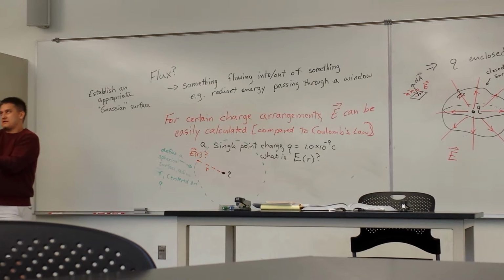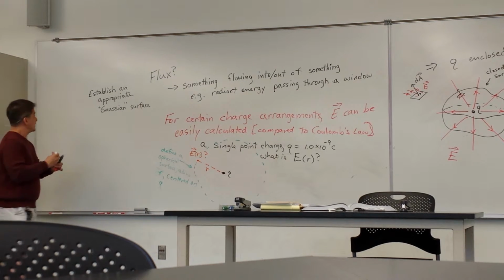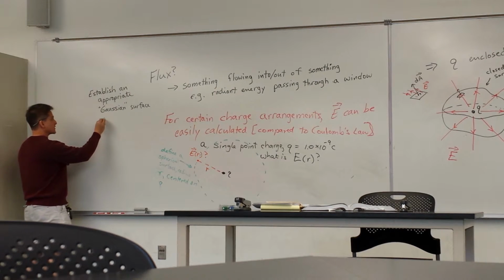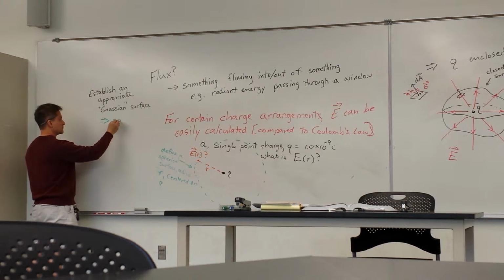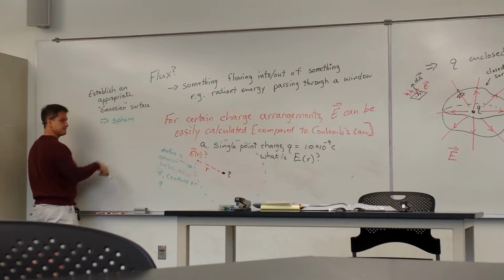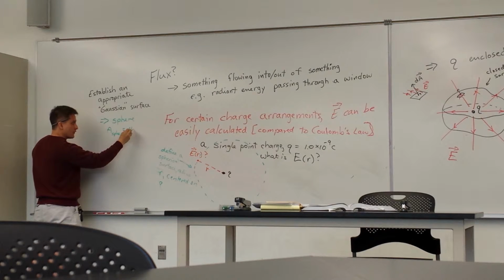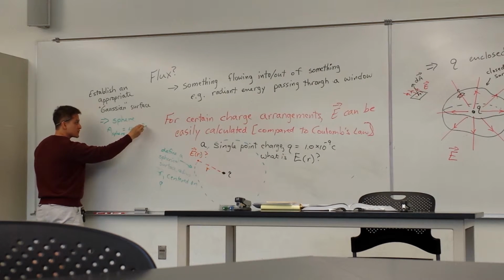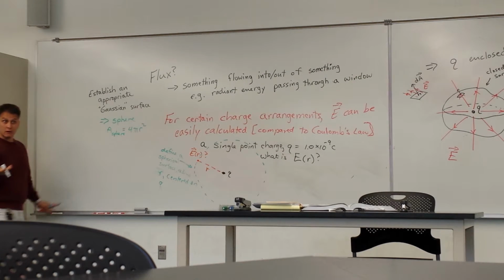Call that a Gaussian sphere. So in this case, I'm going to use a sphere. And at a distance r away, the area of the sphere is going to be related to 4 pi r squared at any particular distance r.